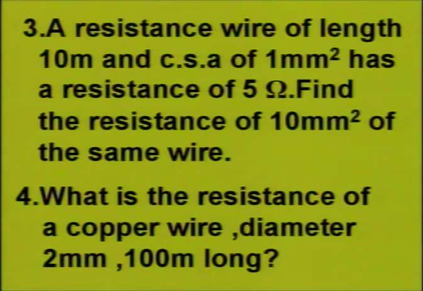Let me go back to the first. How did you come up with the first one, 1.6? Okay, x over 2, cross cancel out.